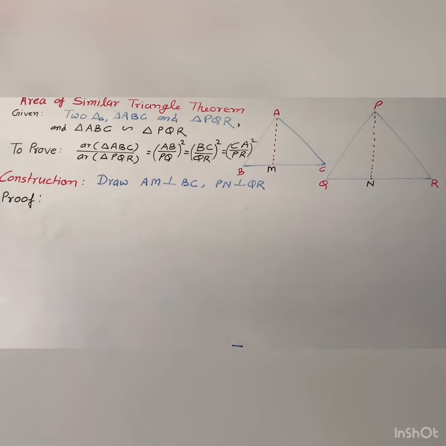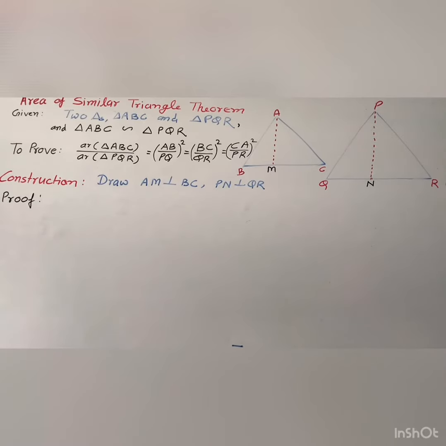Now the requirement: we will prove here that area of triangle ABC divided by area of triangle PQR is equal to AB upon PQ whole square, equal to square of BC upon QR, equal to square of CA upon RP.